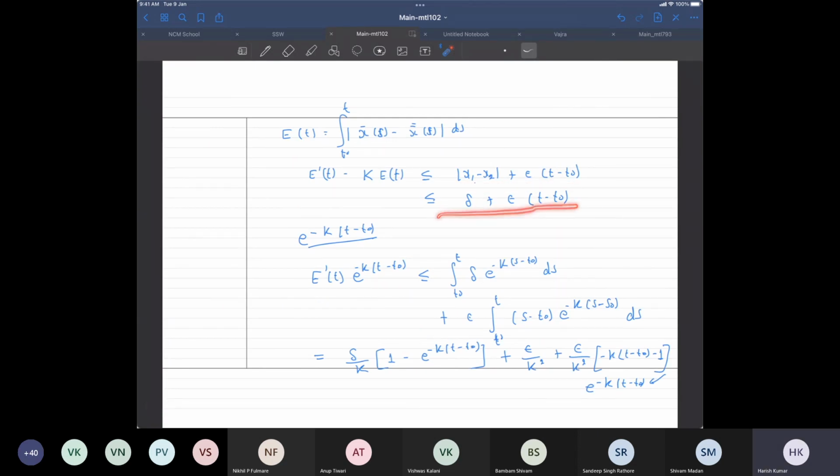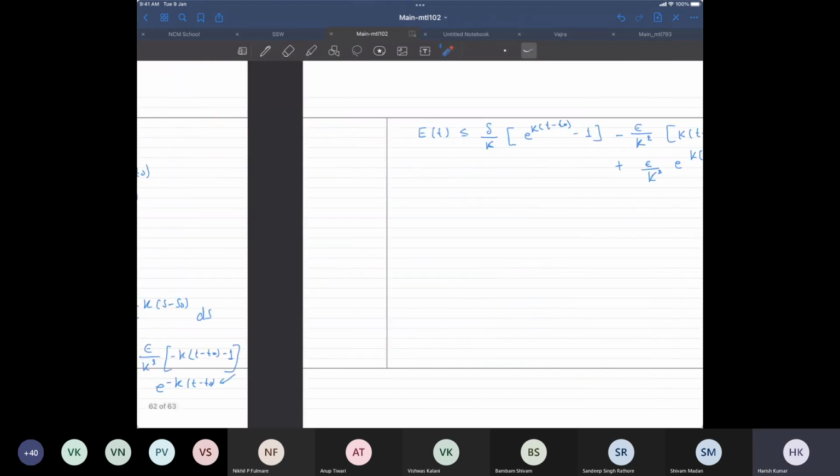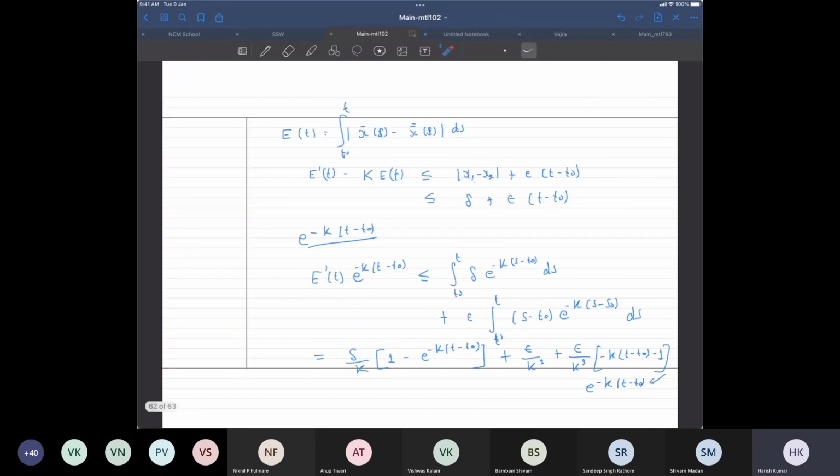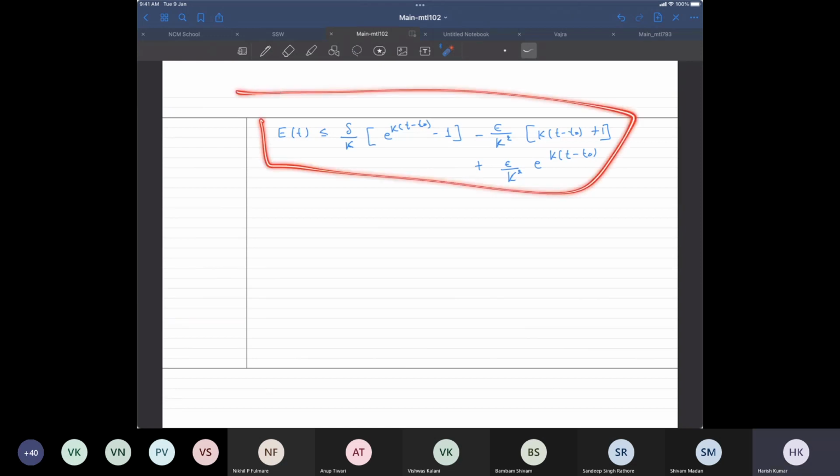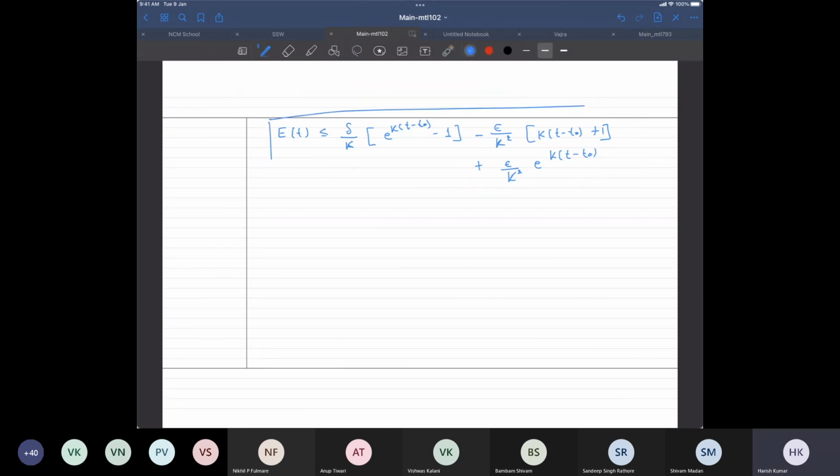Okay. And then what we did is that we used this integrating factor, multiplied this side, and then integrated both sides. So once we integrate both sides, we got an estimate for E of t. Okay. This estimate for E of t is given like this.